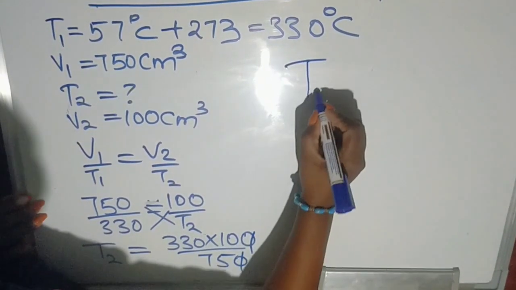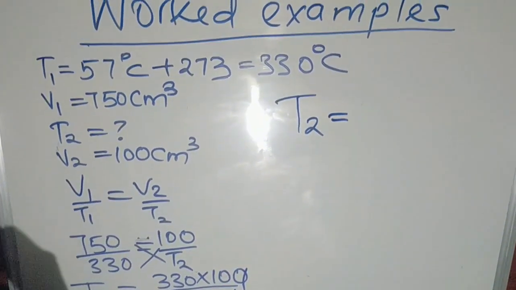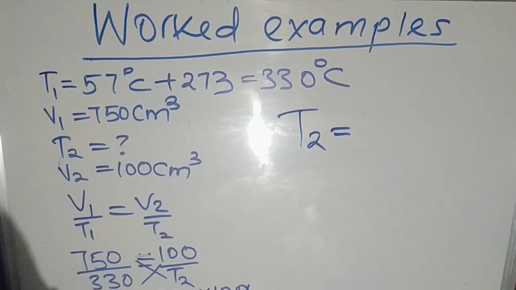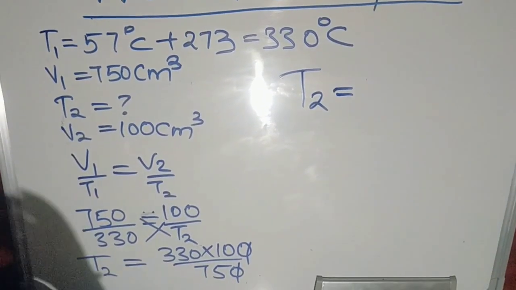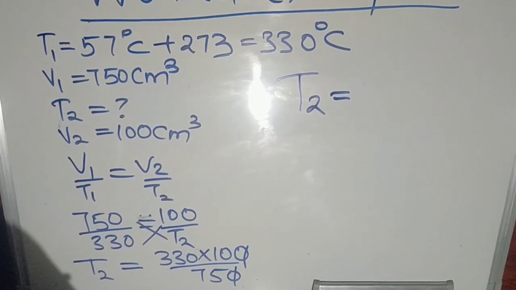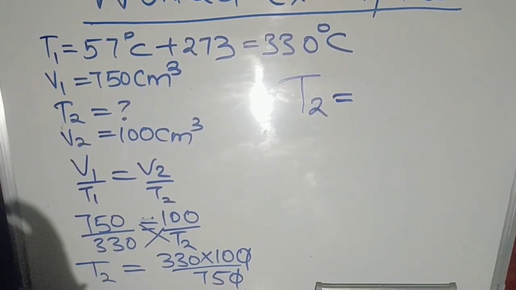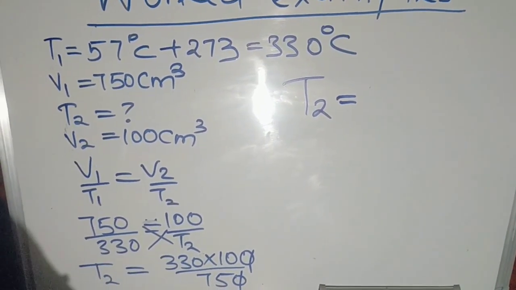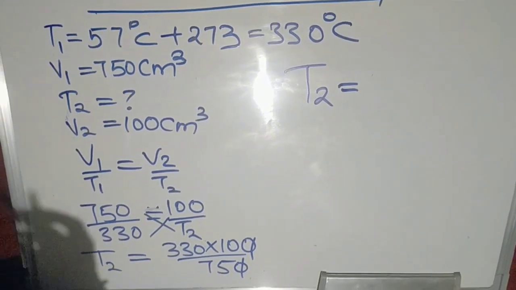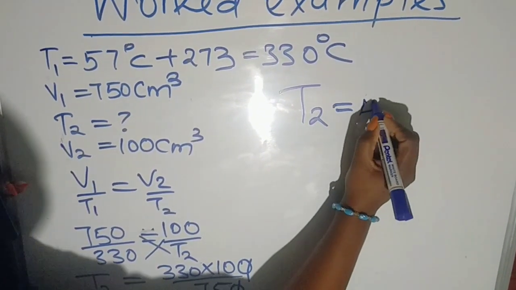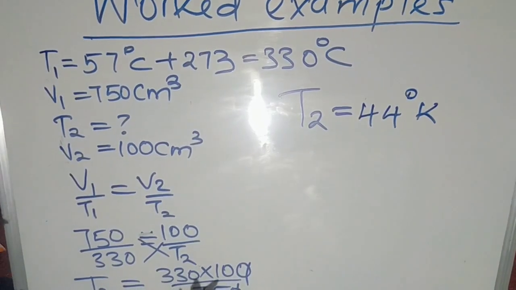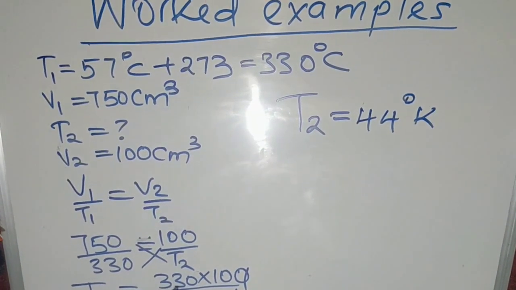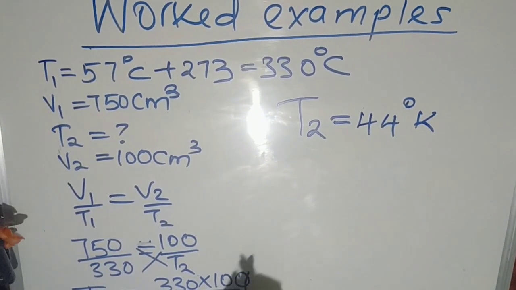So our T2 will be equal to 330 times 10, which is 3300, divided by 75. So this gives us 44 degrees Kelvin. But in the question, we've been told to give our answer in degrees Celsius.